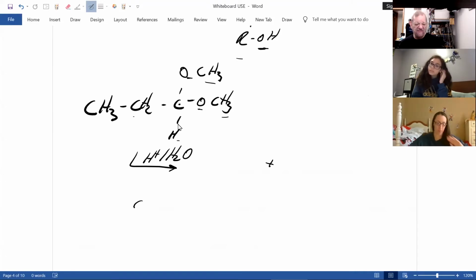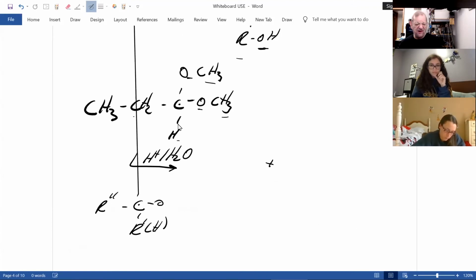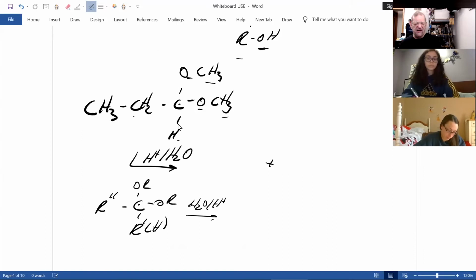What do we have? This carbon has our prime, hydrogens, our double prime, two oxygens, R on each one of those. When you add water and acid, what happens? Keep your eye on the carbon with the two oxygens.